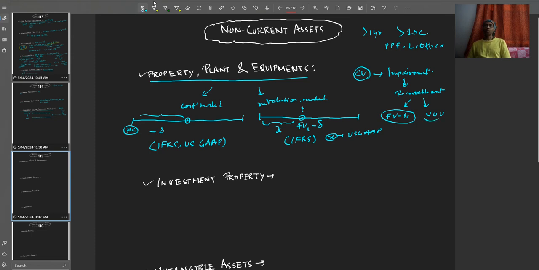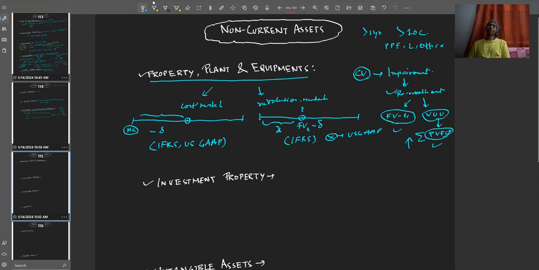The value in use is basically, if you keep the asset, then whatever future cash flows you are going to gain from it, it is the present value of future cash flows, basically the sum of the present values of the future cash flows. So after both these values are calculated, the higher of the two is taken as the recoverable amount.